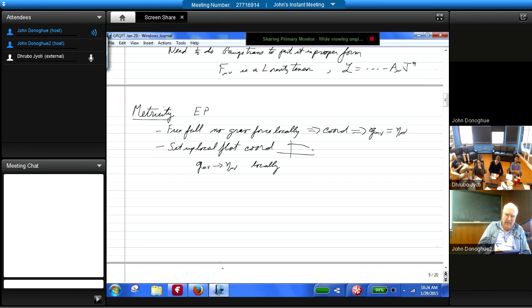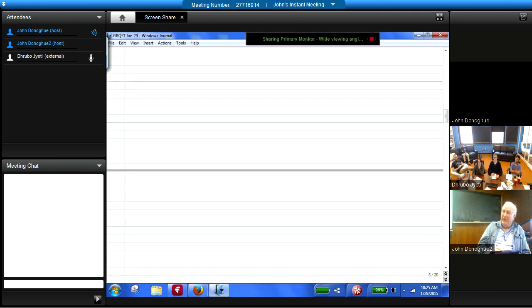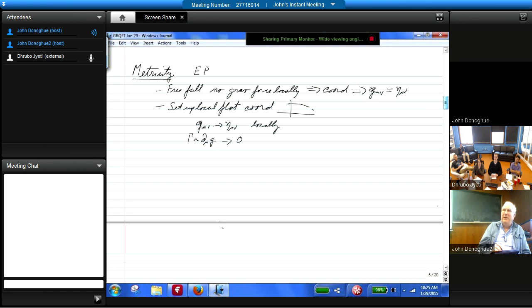The deviations can also be set equal to 0. Remember, gamma is the first derivatives. These can also be set to 0 in this coordinate frame, so you can choose coordinates where that works. If that's the case, let me just take it to be the case for the moment, you then get the covariant derivative of g mu nu is equal to 0.